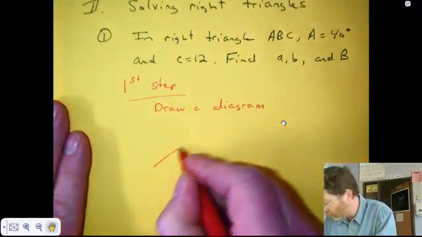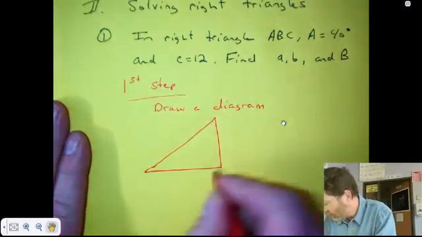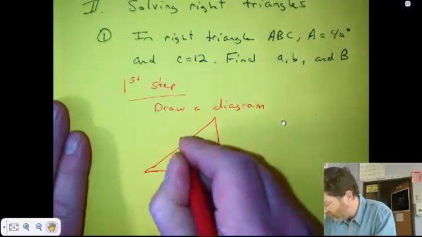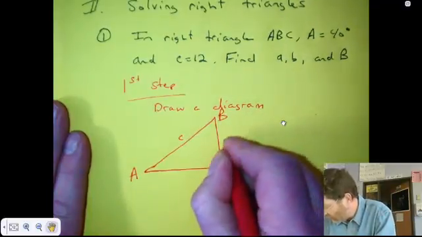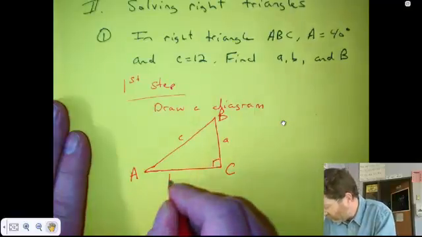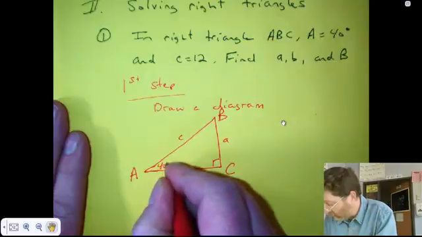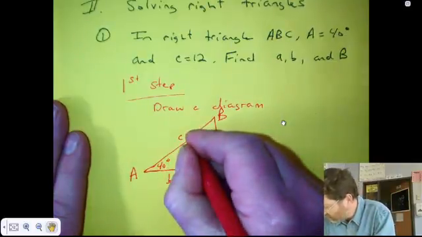So remember, as we draw these out, one consistent thing you have is the right angle is angle C, and the side opposite would be side C, and then A and B go either place. Side A opposite, side B opposite. And then we're given that this is 40 degrees here for angle A, and side length C is 12.